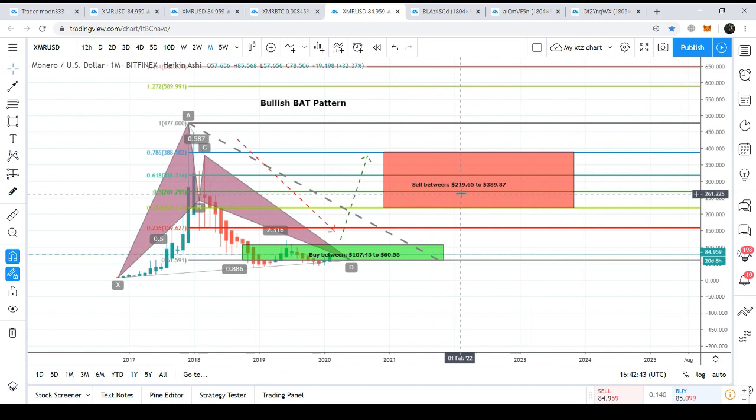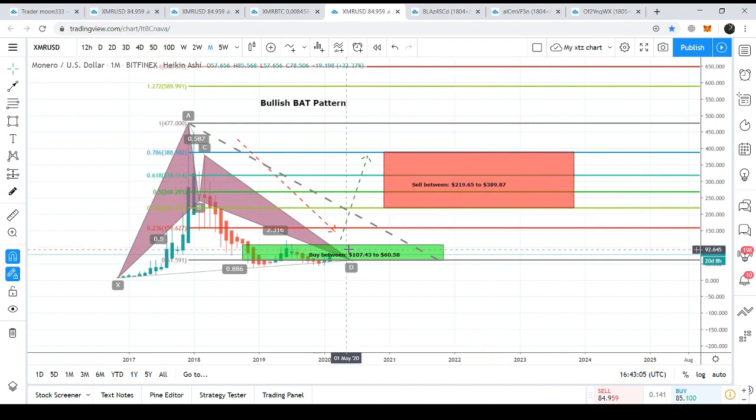So this was the update on Monero, and this is the biggest update for the year 2020 and 2021 because this is a month chart. It can take some time, and this trade will need some patience. But I think this pattern and all the indications are very confirmed, and we can easily hit this sell zone.